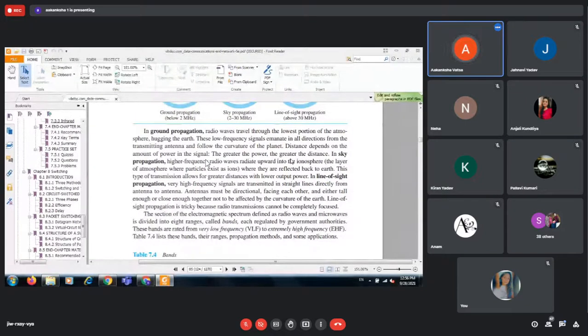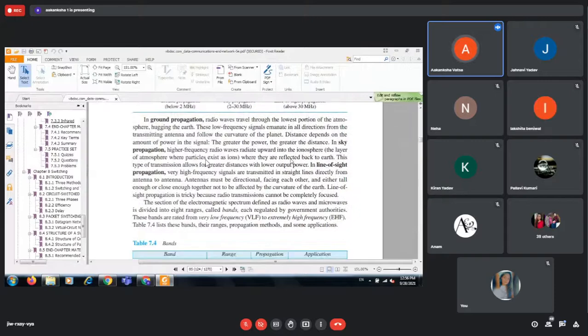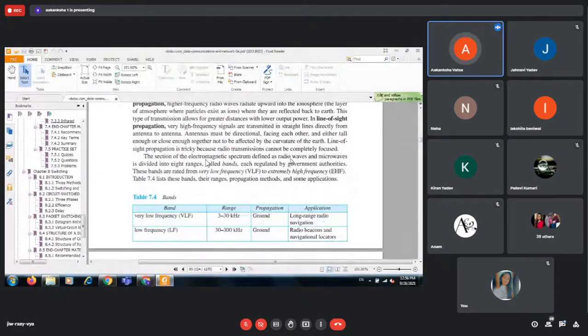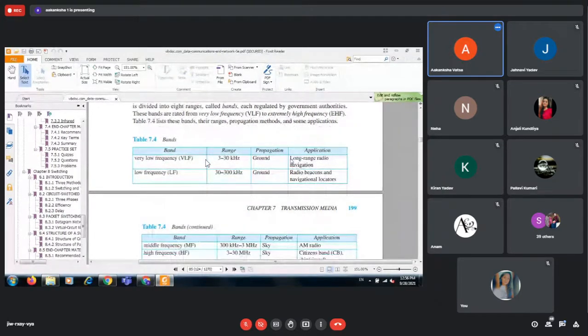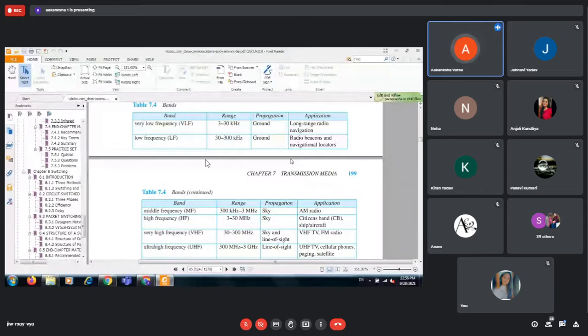So the spectrum has bands from very low frequency to extremely high frequency. You can see here, the very low frequency band is 3 to 30 kilohertz, that is ground propagation. Low frequency is 30 to 300 kilohertz, also ground propagation. You can see the applications in table 7.4.